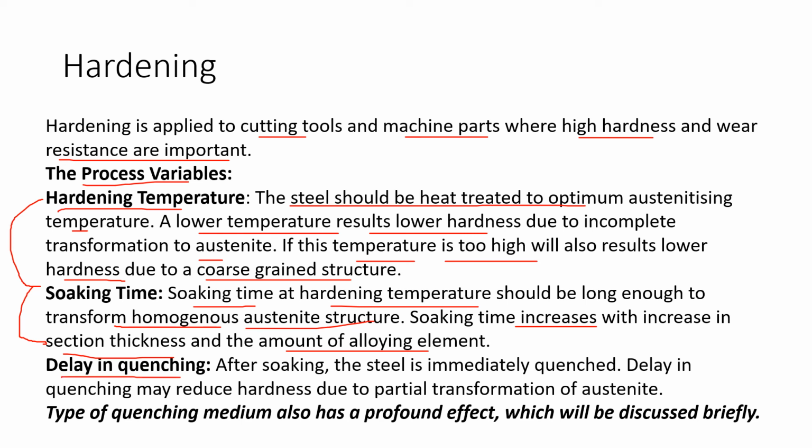After soaking, the steel is immediately quenched. Delay in quenching may reduce hardness due to partial transformation of austenite. The type of quenching medium also has a profound effect, which will be discussed briefly in the upcoming slides.